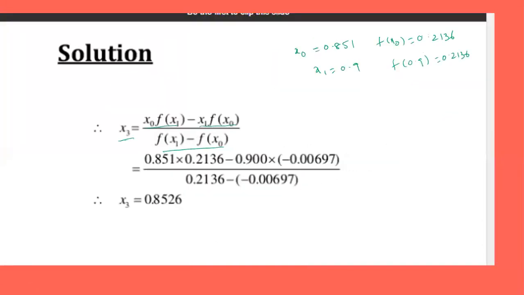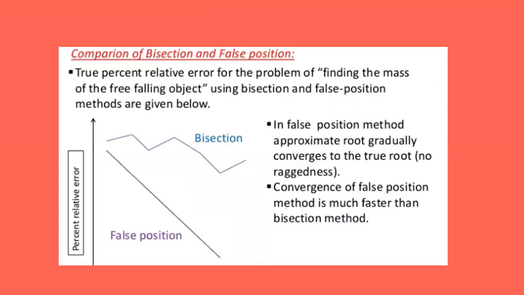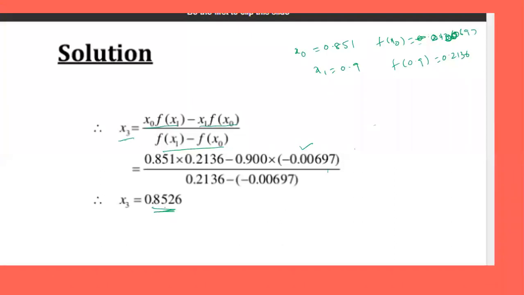Minus 0.00697. So x naught into f of x1 minus x1 into f of x naught, that is 0.00697, by f of x1 minus f of x naught. That is 0.8526. So this is up to 3 iterations you did.